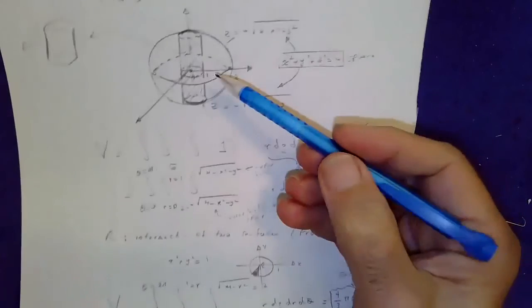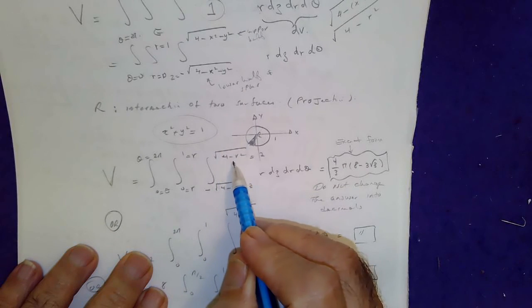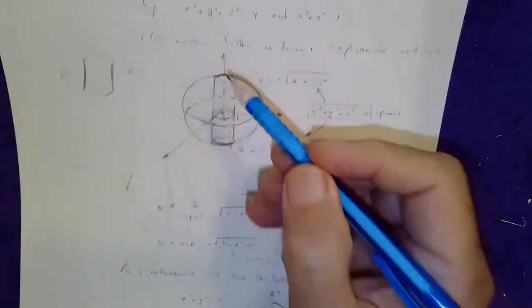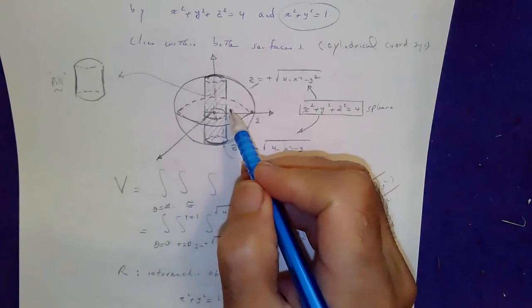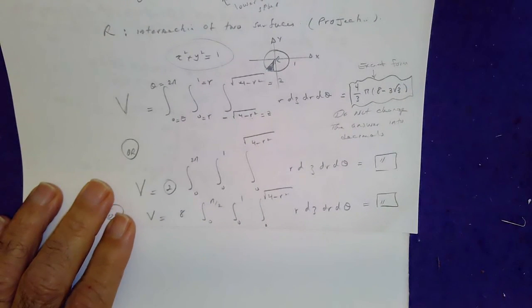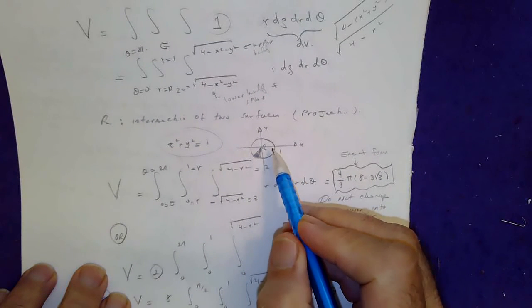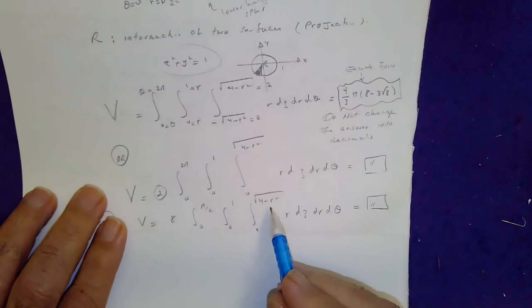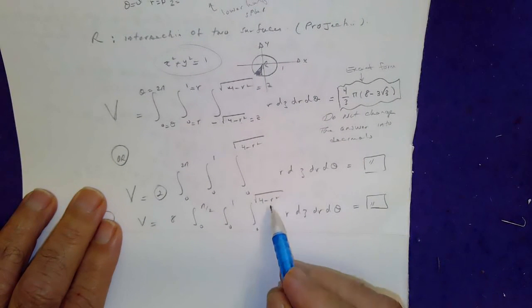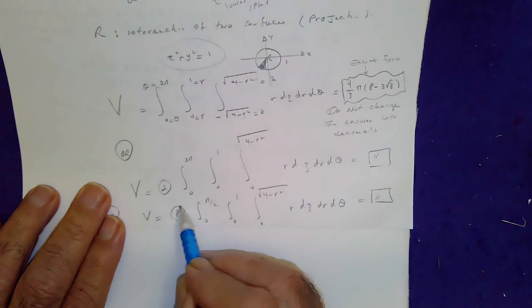But because you had a perfect symmetry, you could have gone between what? 0 to square root of 4 minus r squared, which is like, find the volume of the upper half, multiply the answer by 2. Or instead of going all the way for theta from 0 to 2 pi, you could have what? Go upper half and what? Quarter of the circle, but multiply the answer by what? 8.